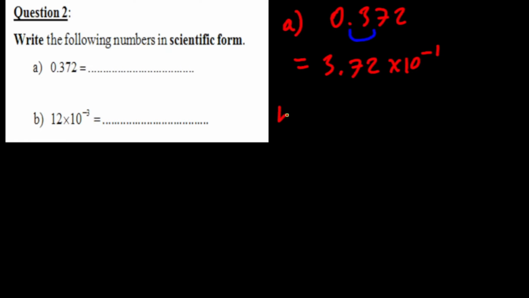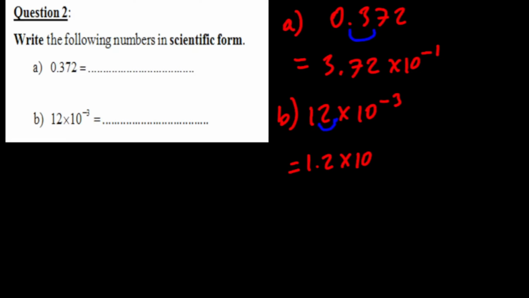Now for part B, we have 12 multiplied by 10 to the power of negative 3. This one can be a bit tricky, but let's go step by step. So 12 could be written as 1.2 multiplied by 10. So the decimal point is here. We moved it one place to the left.